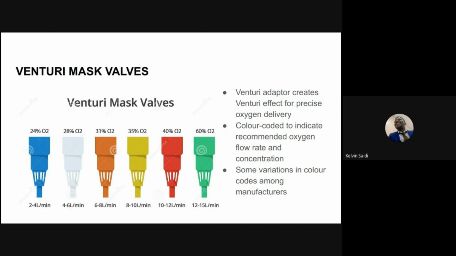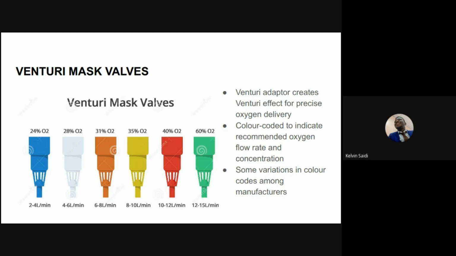The Venturi devices typically range in color from blue, which symbolizes low flow, to green, which symbolizes high flow. So this will allow for precise and controlled oxygen delivery to the patient, while at the same time minimizing the risk of oxygen toxicity or inadequate oxygenation.